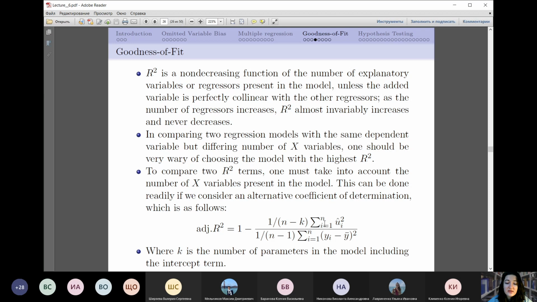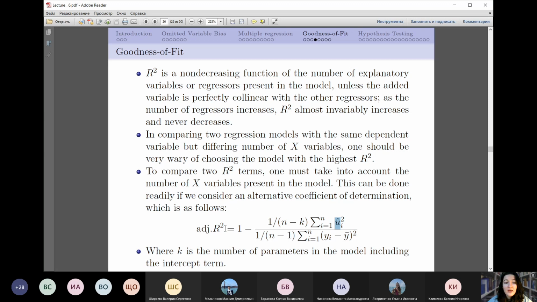In the numerator, this is just the sum of squared residuals, but you correct it by the degrees of freedom, n minus k: the number of observations minus the number of parameters, including the intercept term. And in the denominator, you can see the total sum of squares, corrected by the number of observations minus 1.